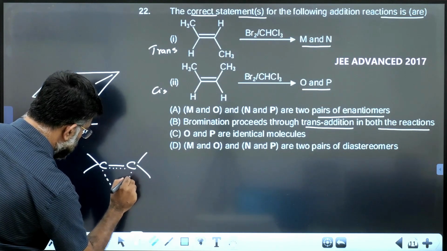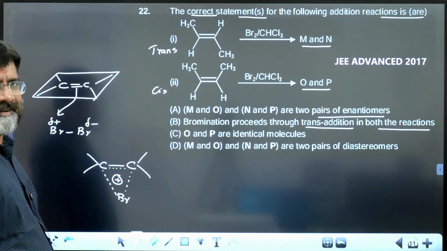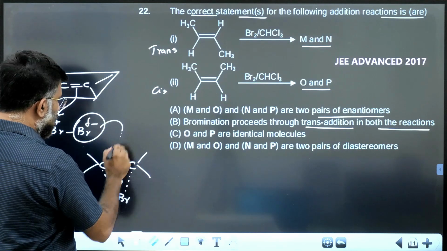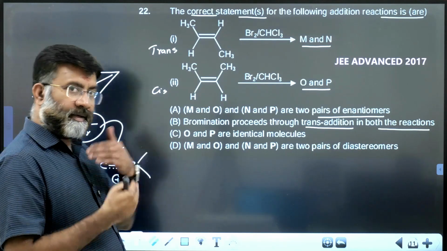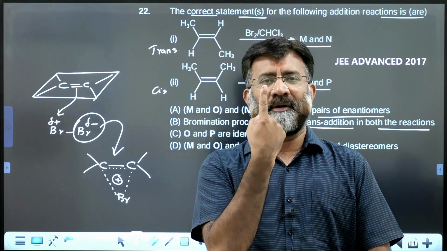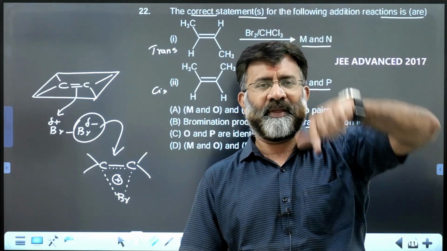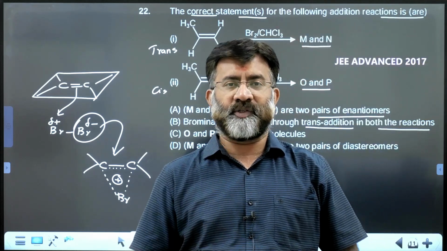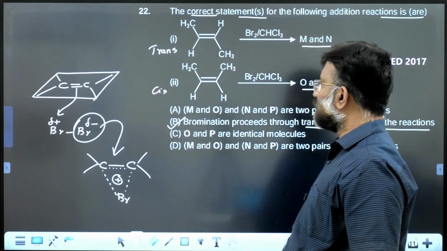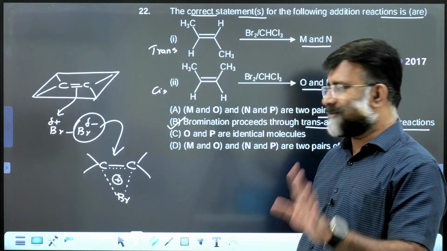Now Br minus is released from here and will attack from the other side of the molecule. So one bromine attacks from the bottom face, and the other attacks from the top. So it is anti-addition, trans addition. So the second statement, we can understand, both are trans addition. Option B is a correct answer.